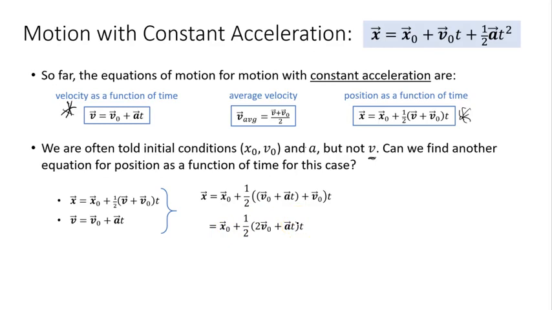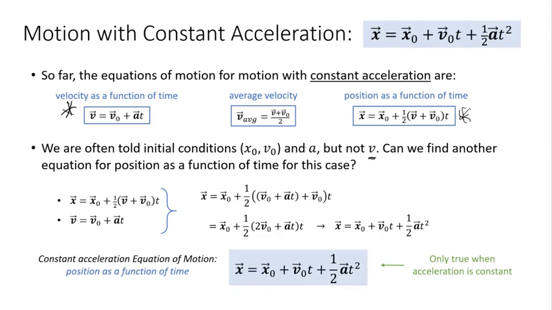I can also distribute that time factor through to both the 2v naught and the at. So what I end up getting at the end of the day is x equals x naught plus v naught t plus 1/2 at squared. And that is the equation in the blue box at the top of the chart. So that's the one I was looking for.